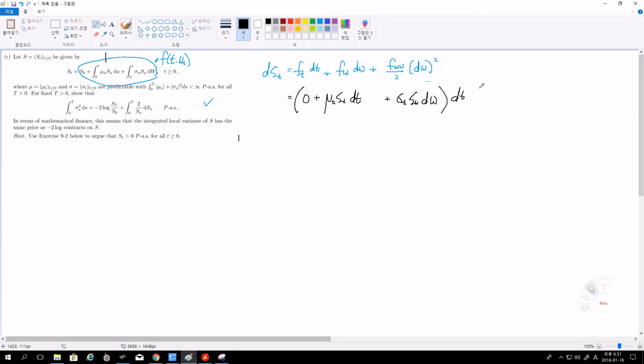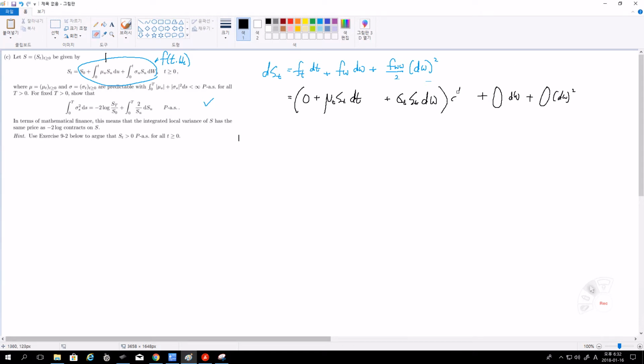And then let's take the derivative of this one with respect to w, but as you can see, it is not a function of w. So this is actually 0 dw, and then again 0 dw squared, something like this.